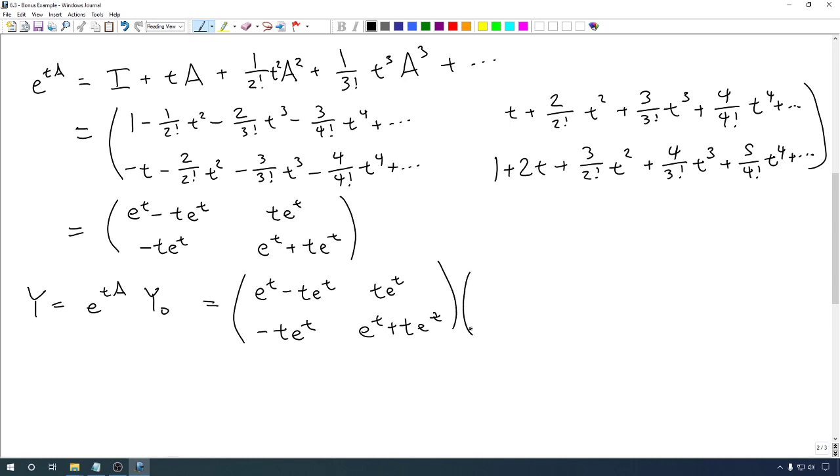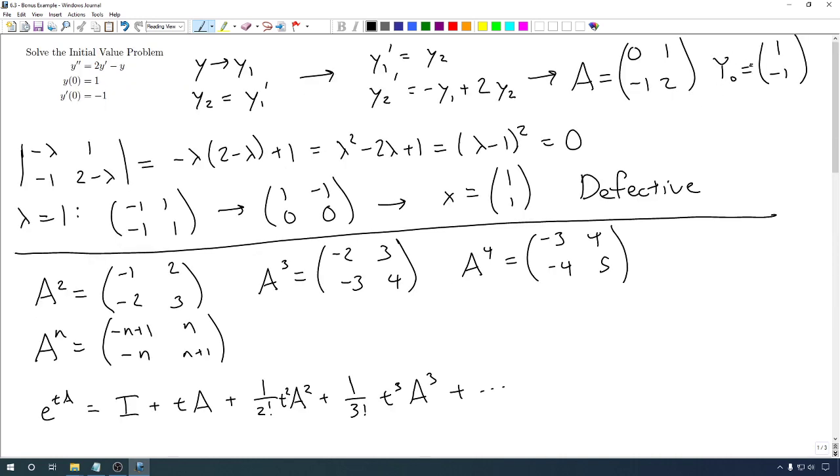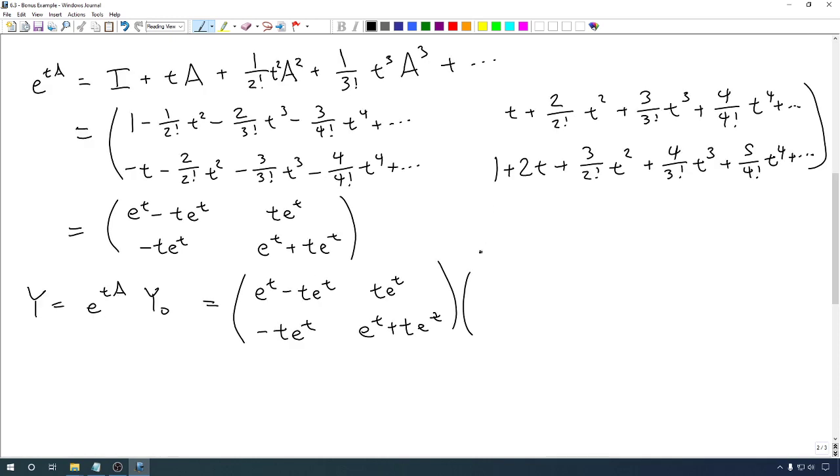times our y naught. Y naught was 1, negative 1. We can work that out. Our first entry, when we take this minus that, we end up with an e to the t minus 2t e to the t. Then we have this minus that.